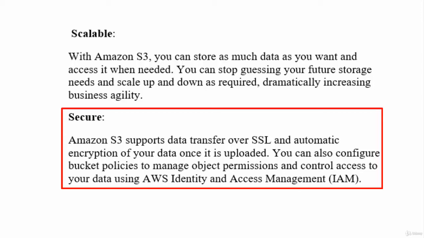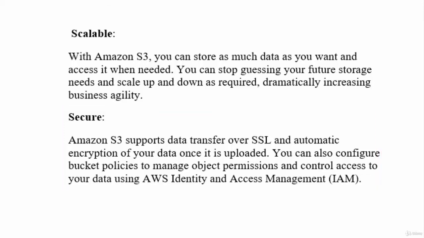Also, you can configure access to your bucket by using Identity and Access Management, and you can control who needs to access your S3 bucket and who can manage or delete the objects by using IAM policies and ACLs, access control lists. These things you can configure to protect your data at user level.